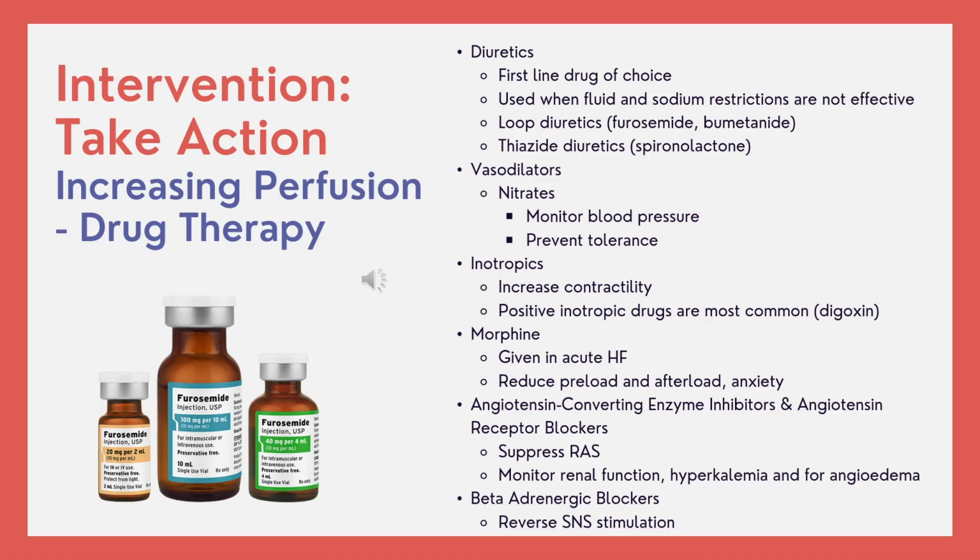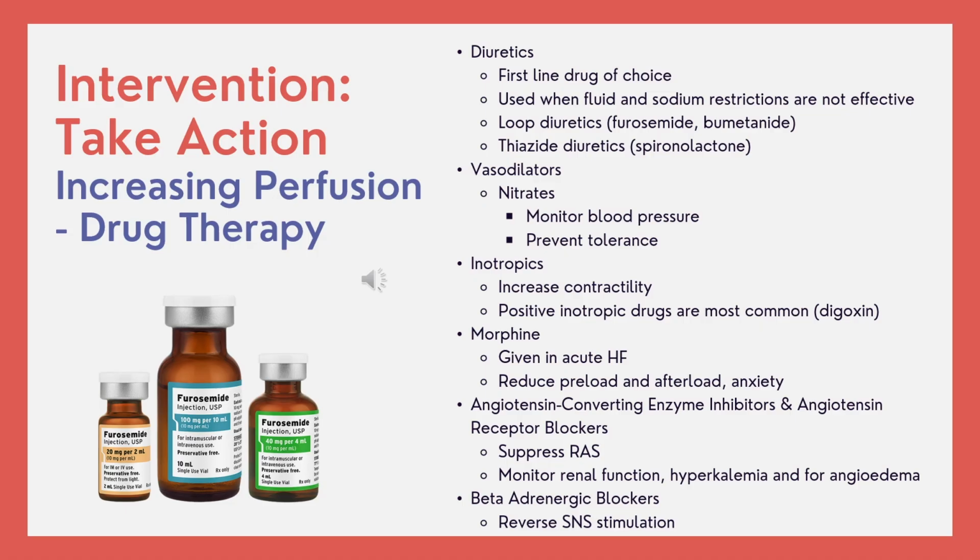Our next class of medications that we use to help increase perfusion are ACE inhibitors. So we already kind of talked about these a little bit. ACE inhibitors reduce afterload and they prevent cardiac remodeling. ACE inhibitors are the cornerstone therapy for heart failure patients because they reduce mortality and they slow disease progression. So again, these are your pril medications: enalapril, lisinopril, captopril.